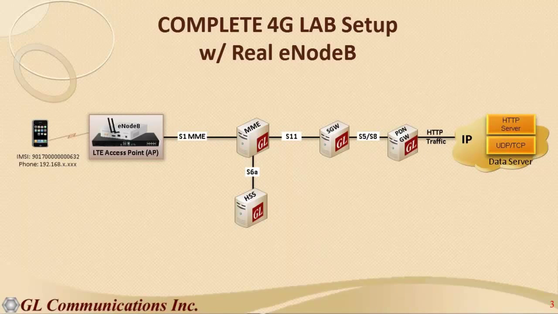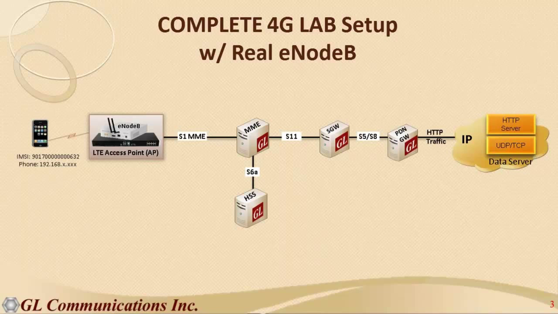This is one setup where we attach real mobiles or real equipment to the LTE network and initiate data calls. It is a complete data call where the mobile gets an IP address and connects to an external network. All the procedures involved in getting data enabled will be simulated by GL on the EPC side.